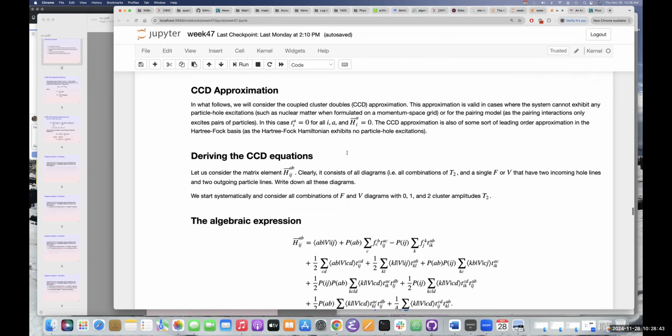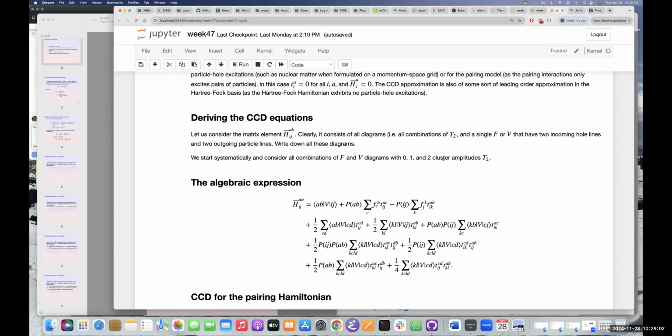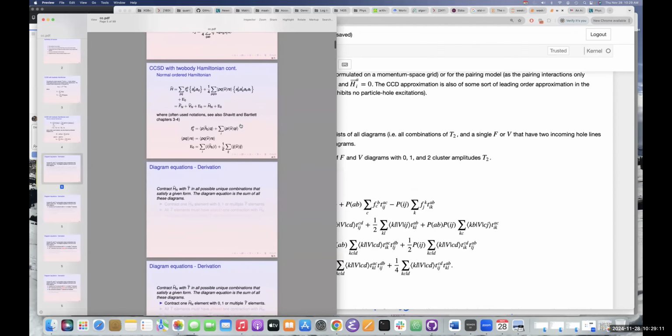Now, what we did last time was to derive the so-called CCD equations, which means that we only include two particle, two hole excitations. So we leave out the one particle, one hole excitations. We end up with equations with the unknown amplitudes, which you see here. So let me bring back the definitions.